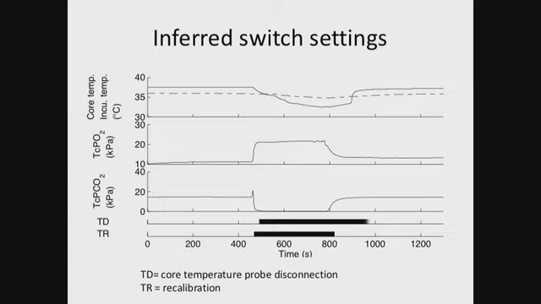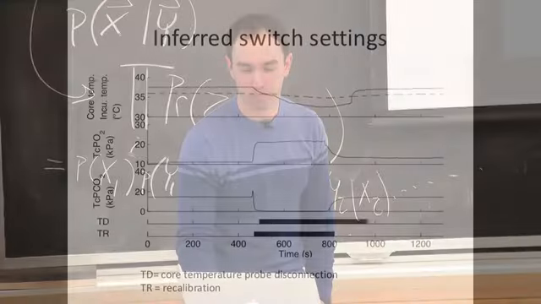This is showing an inference of the events. So here I'm showing you 3 different observations. And on the bottom here, I'm showing the prediction of when the 2 different artifactual events happened. And these predictions were actually quite good using this model.